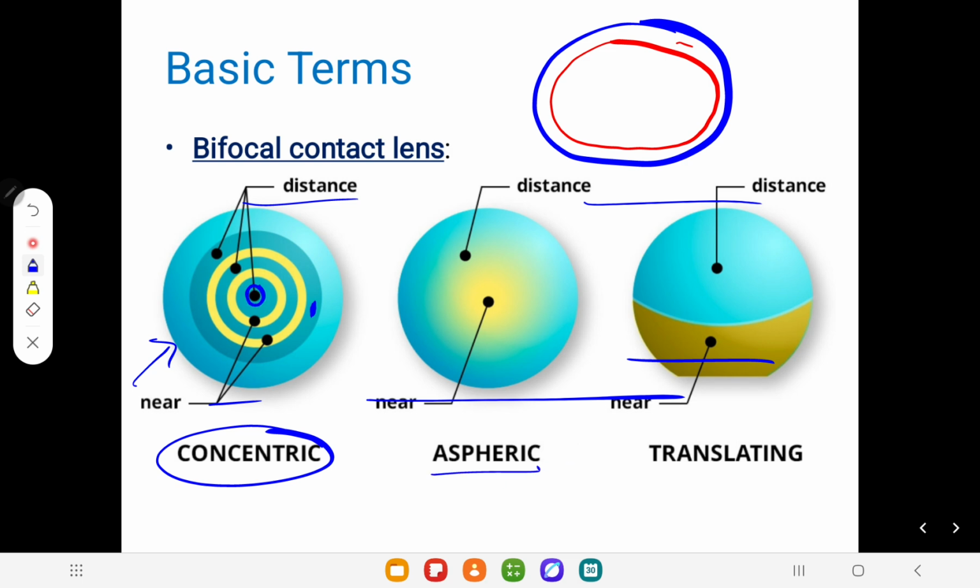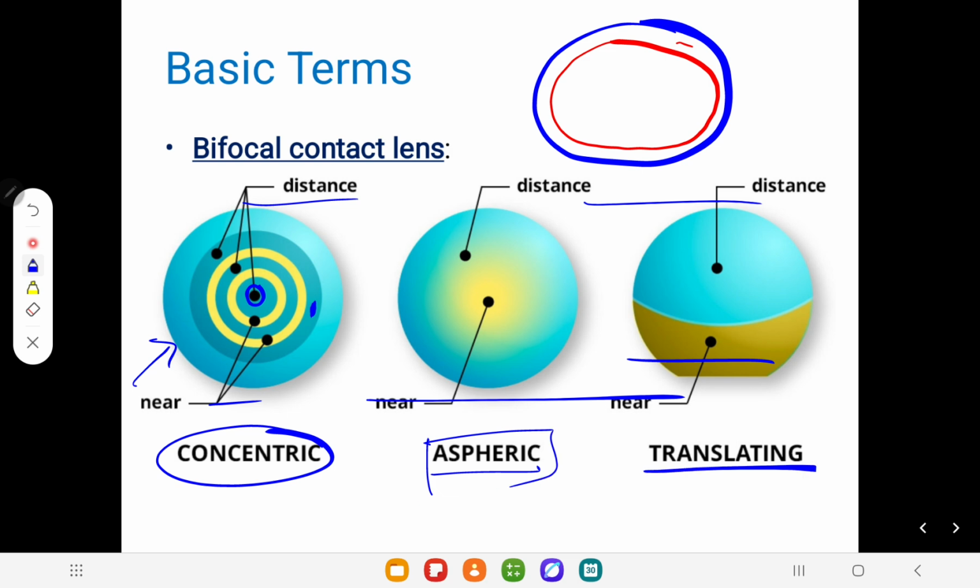In this we can make center distance or center near, but at the same time sphericity is the main optical element. What do you mean by that? It means center is steeper and periphery is flatter, or center is flatter and periphery is steeper. So we make either prolate or oblate optics. So sphericity will give the power, whether near will be much more plus or distance will be much more plus. It depends upon that. So that's called aspheric design.